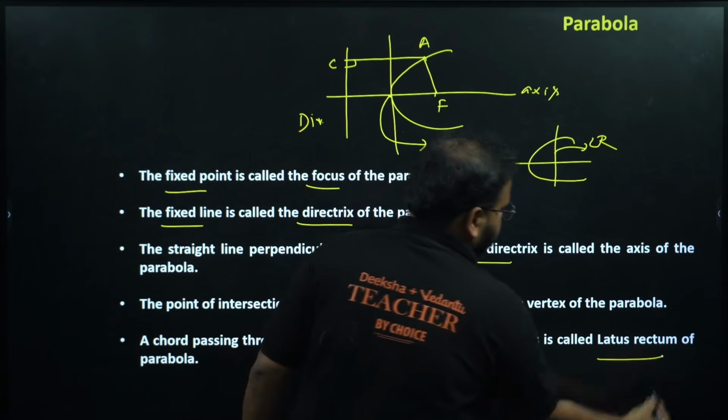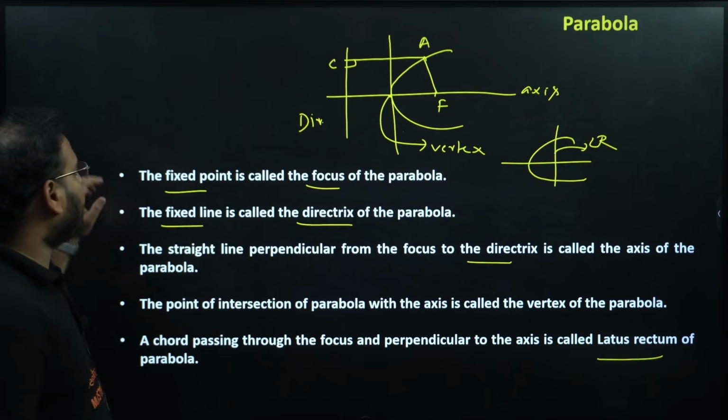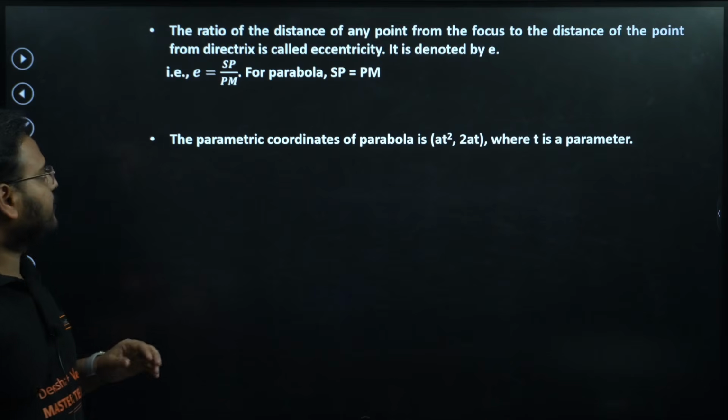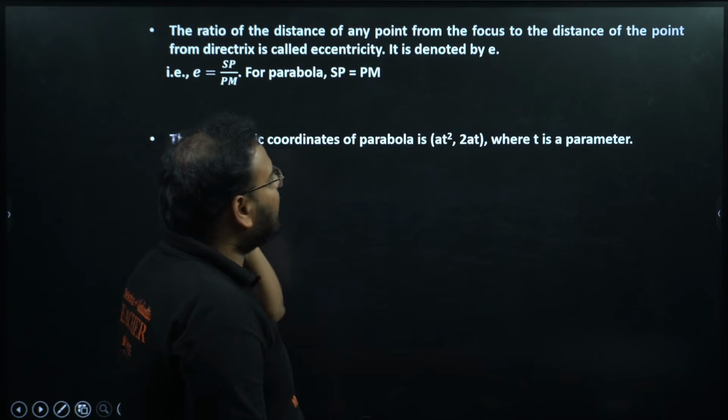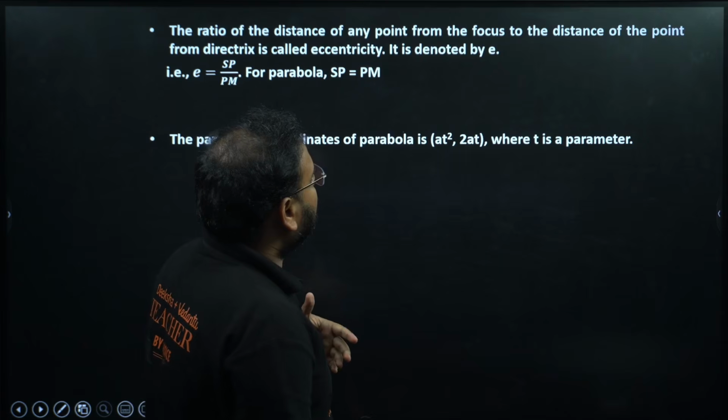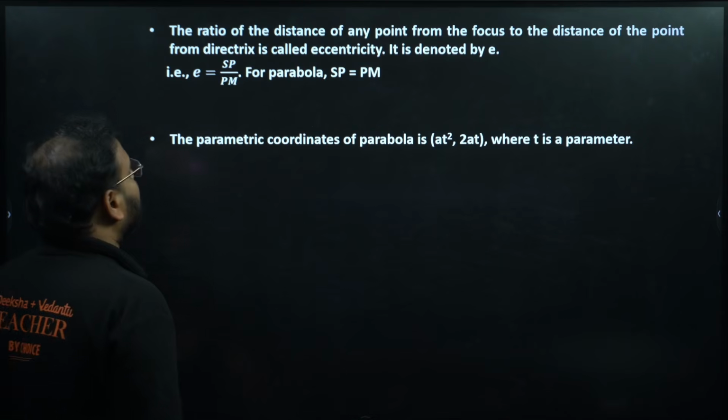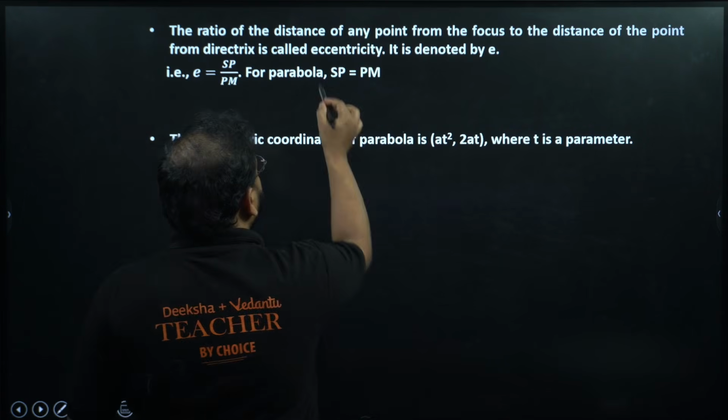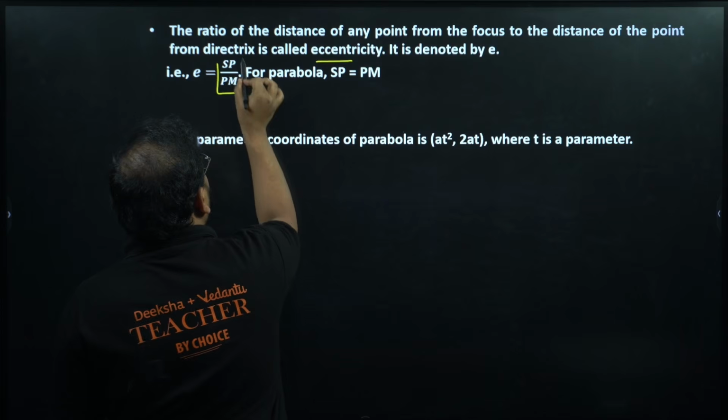Please check. All the definitions will have some formulas also involved, so let's look at that. The ratio of the distance of any point from the focus to the distance of the point from the directrix is called eccentricity. So over here, SP by PM.